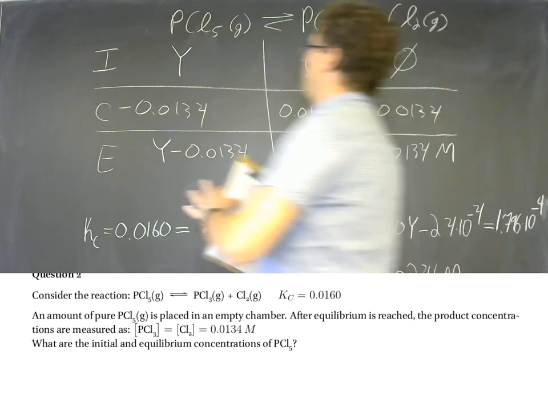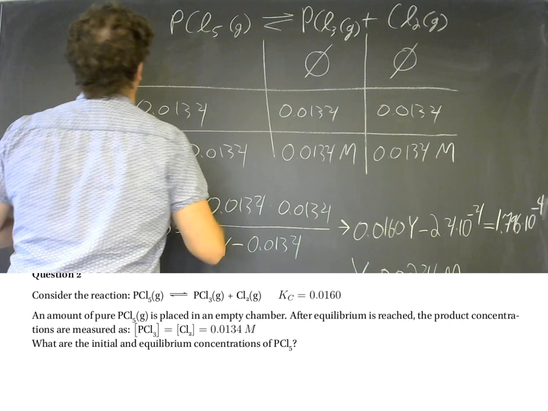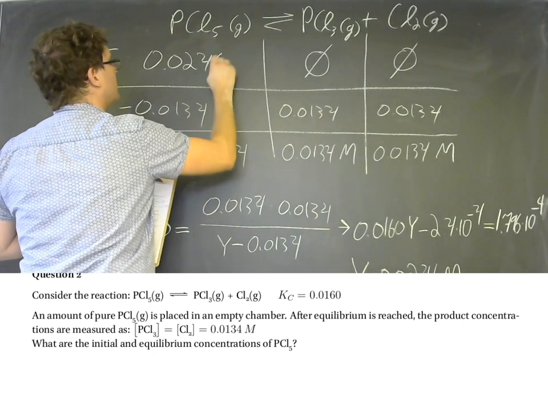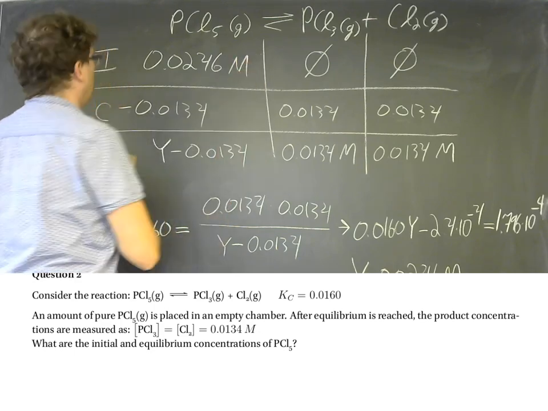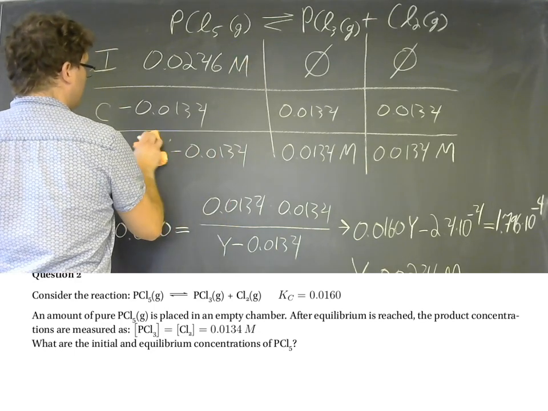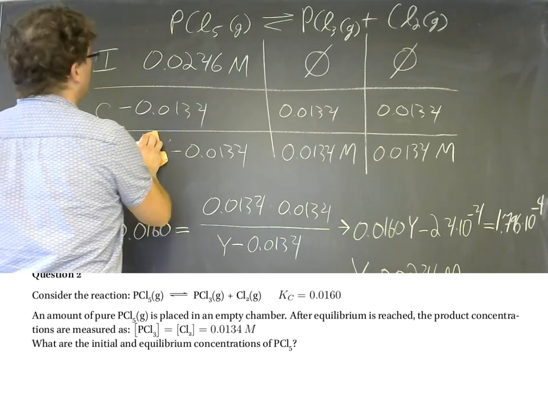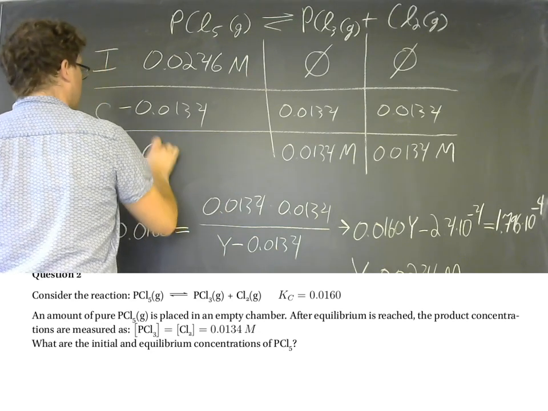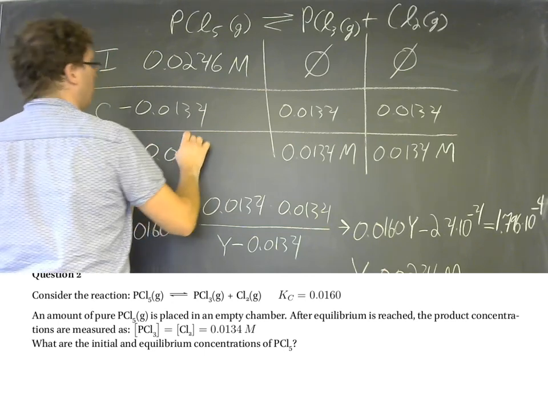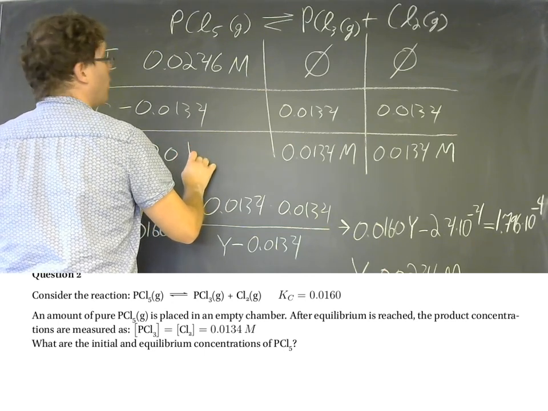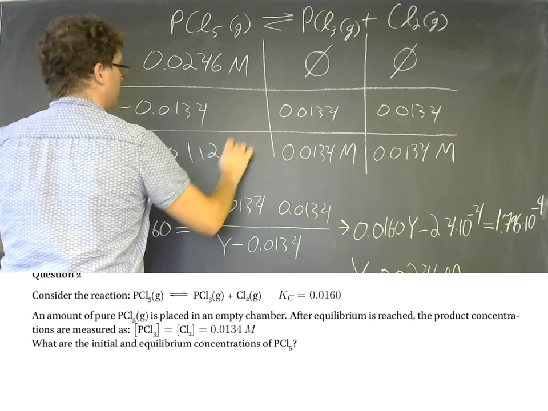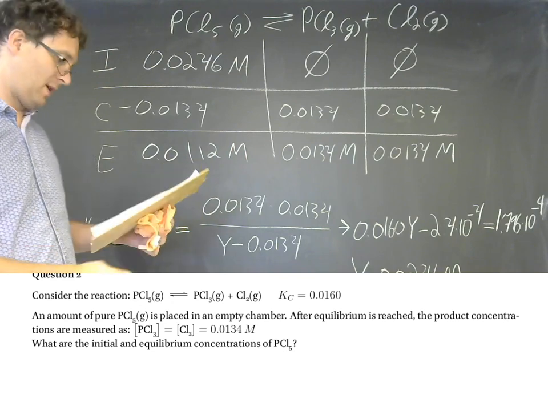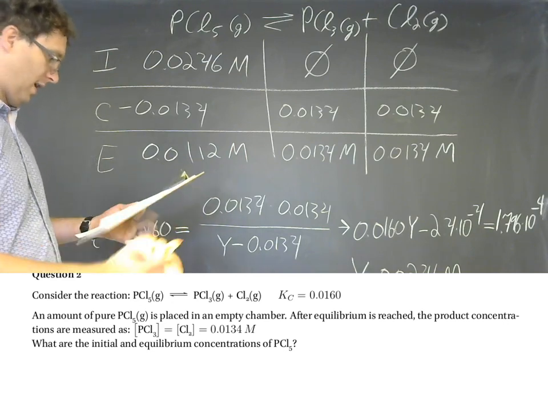And so here we can now give our initial concentration, 0.0246 molar. And then what is 0.0246 minus 0.0134? That is 0.0112 molar. That is our equilibrium amount. Okay.